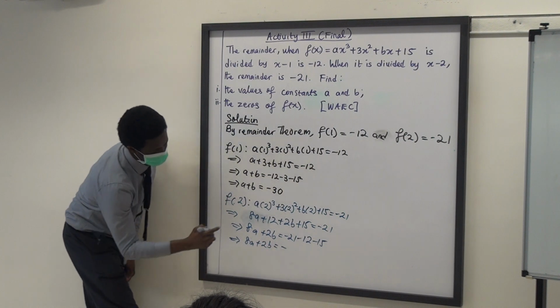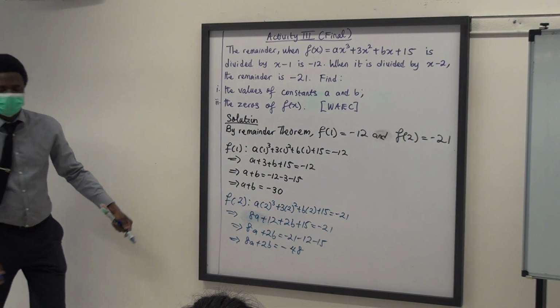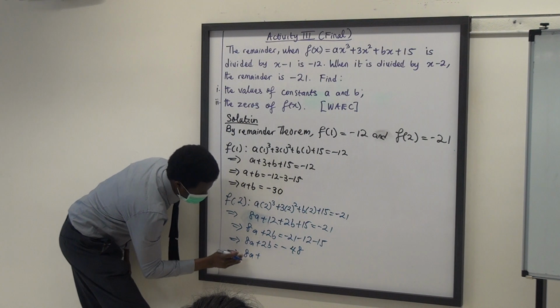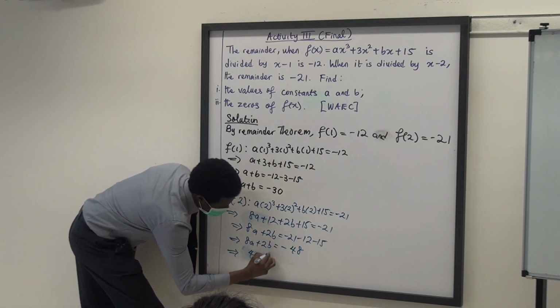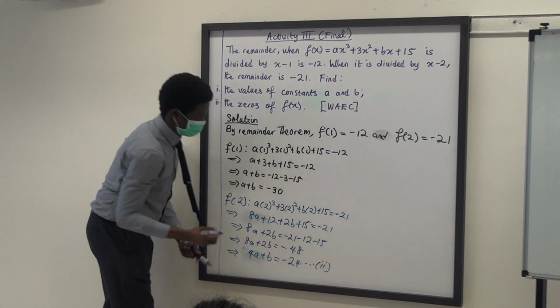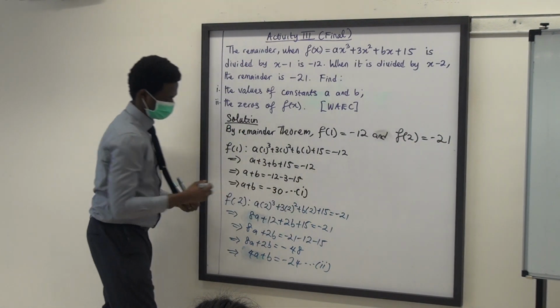Negative 48. You can simplify by dividing by 2. It's always better to simplify. And 4A plus B equals negative 24. So this will be equation 2, while this is equation 1.